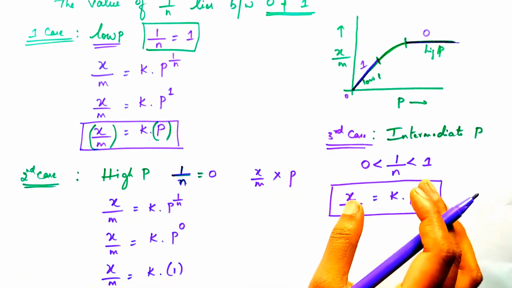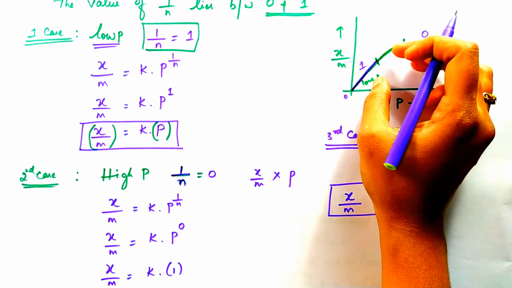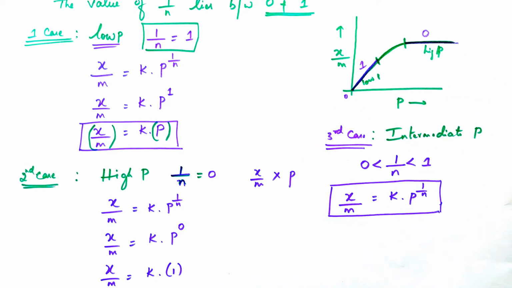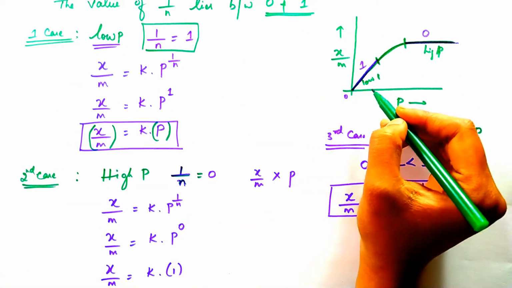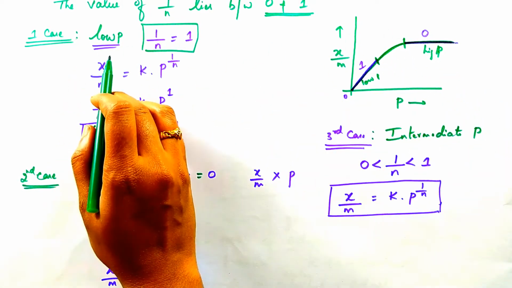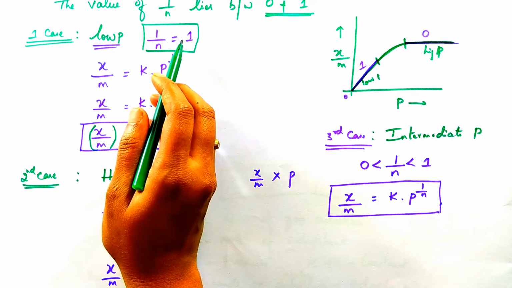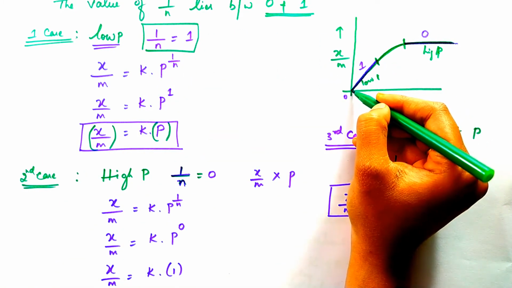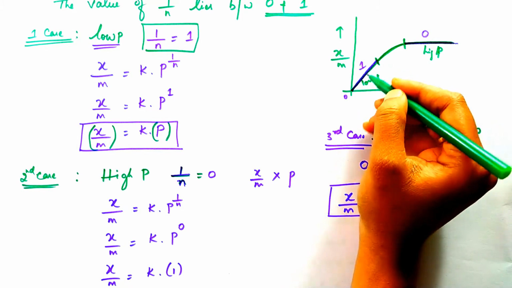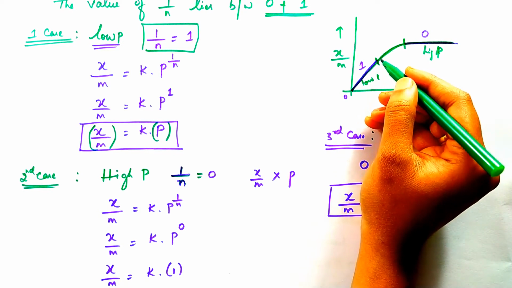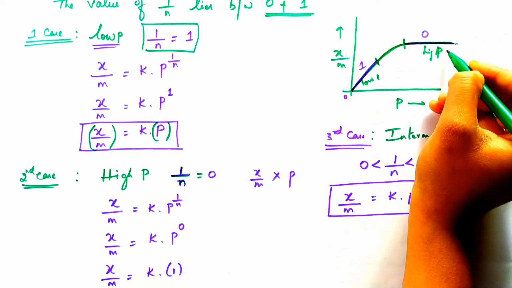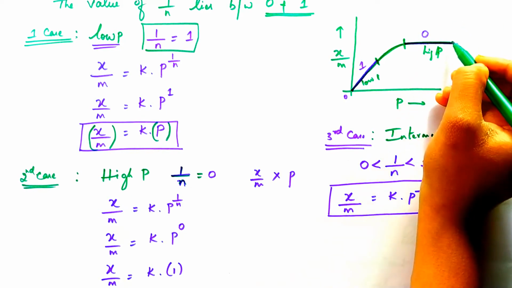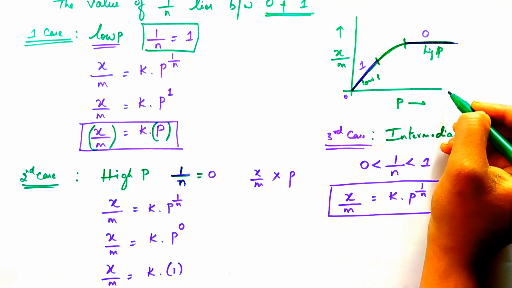These are the cases which we are going to study using this graph. Here, we should observe that at low pressure, the value of 1 by n is 1 and the graph starts from the origin and moves upward in a straight line. At high pressure, the extent of adsorption graph is parallel to the x-axis.